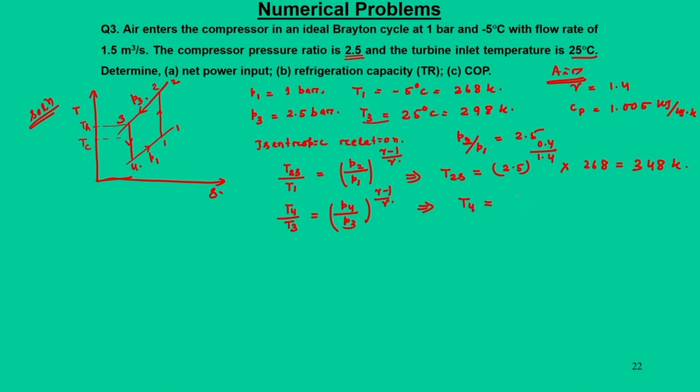T4 you can calculate as 229.5 Kelvin, and we know the density of air, we can write as 1.2 kg per meter cube. So, once you know this, we can say mass flow rate m dot would be rho air into volume flow rate, that is 1.2 into 1.5. So, this will be 1.8 kg per second.